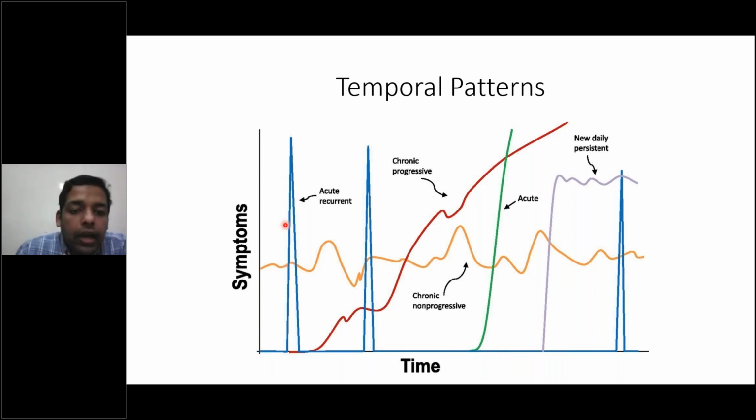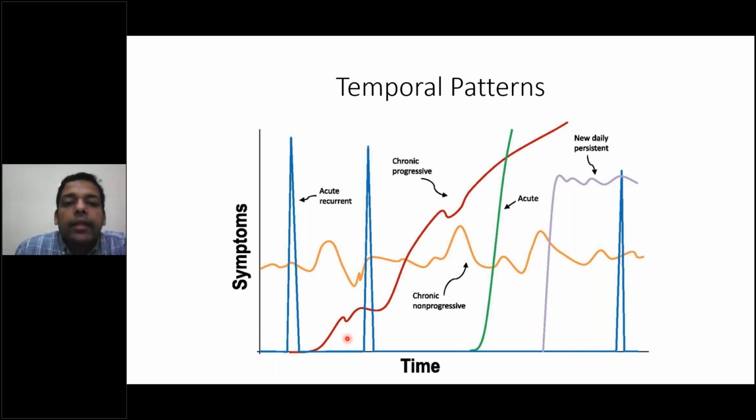If there are repeated episodes of the headache, again they rise rapidly and then they improve, and in between the episodes there is no headache, there are no symptoms, so this is acute recurrent headache.